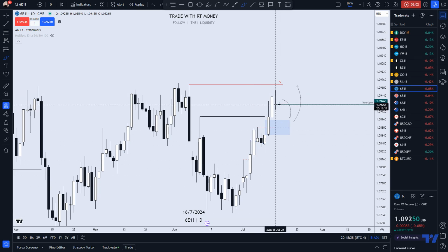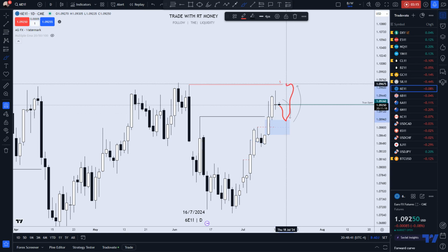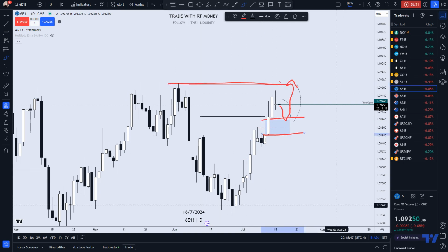I'm thinking there's a good chance, like this arrow has depicted, that price will come and test this fair value gap in order to go higher and seek the external liquidity, because the internal liquidity is at the fair value gaps and order blocks. But the externals are at old highs and lows.